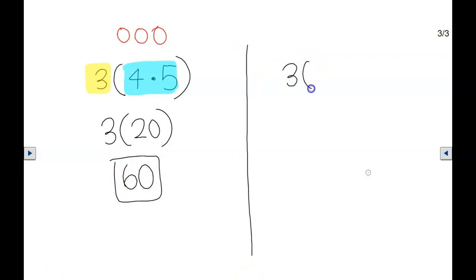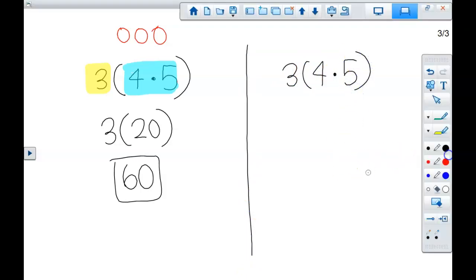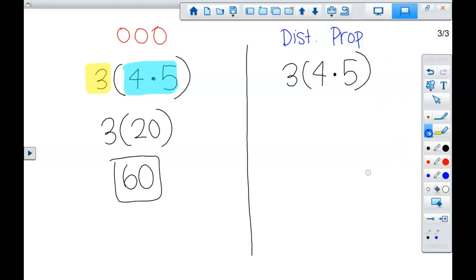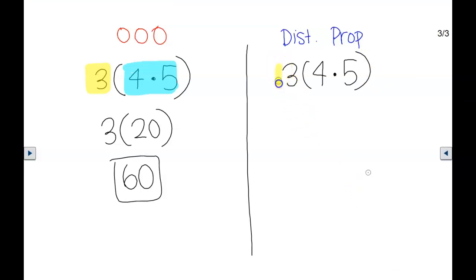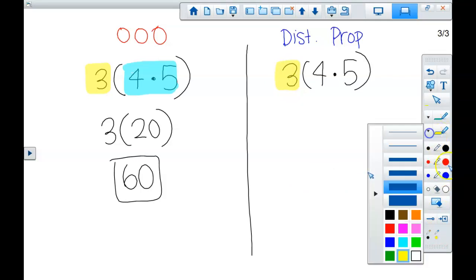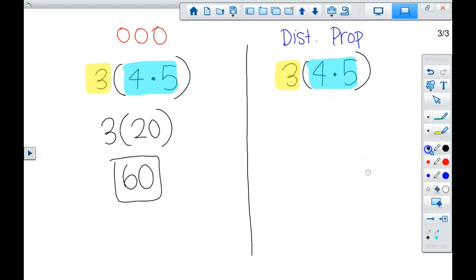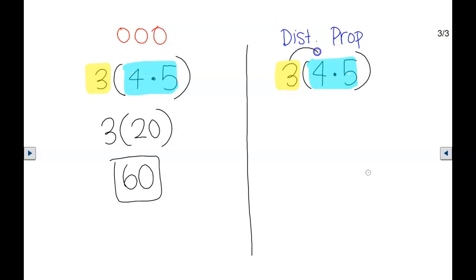So if I follow the order of operations, that problem has an answer of 60. Now, let's try it that alternative way. So let's try it this time with the distributive property. Now, notice again here that this problem is saying that we are taking the number 3 and we are multiplying it by the entire group, 4 times 5. Distributive property tells me that I can take the 3 and distribute it to each member of the group.